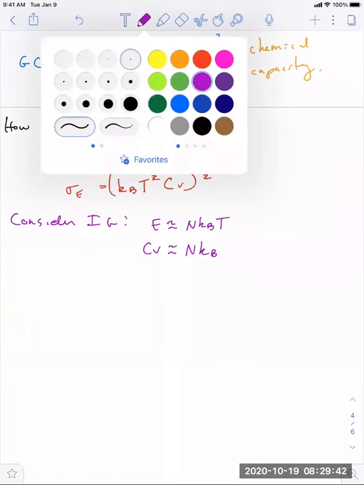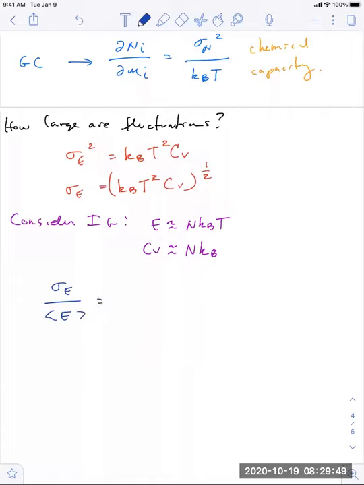So what's the standard deviation in energy relative to the average energy in our system? We can rewrite the standard deviation for the energy, subbing in for the heat capacity: kT squared N, square root of that, divided by the average energy, which we're saying is ballpark NkT.